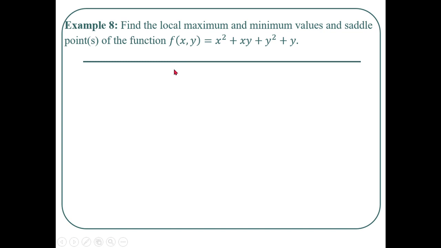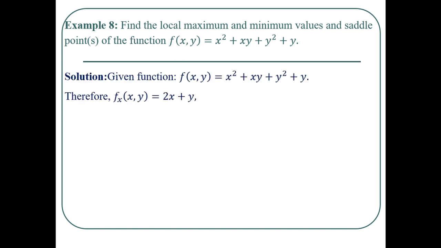For that, we find the first order partial derivatives of f, as f_x means the partial derivative of f with respect to x. It is equal to the derivative of x square is 2x, plus the derivative of xy is 1 into y, that is y, and the derivative of y square plus y, which is independent of x, becomes 0. So f_x(x,y) is equal to 2x plus y.